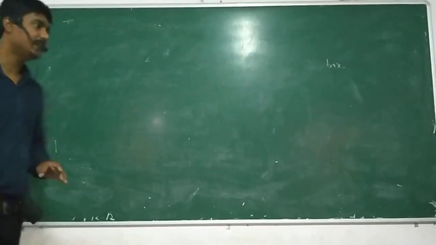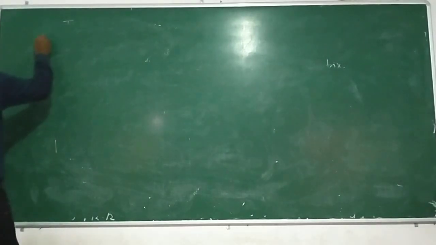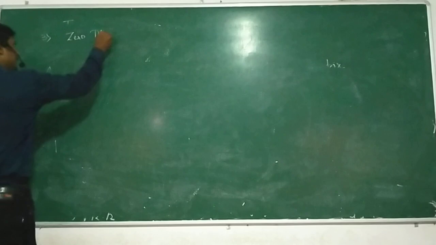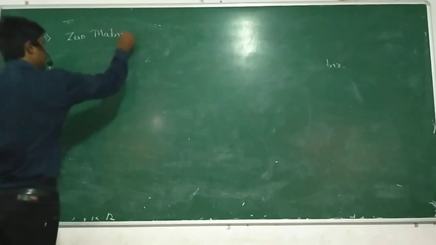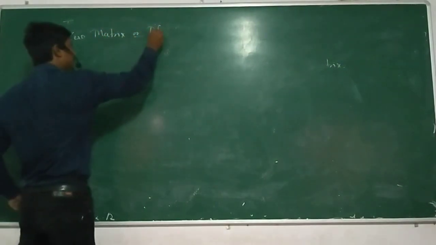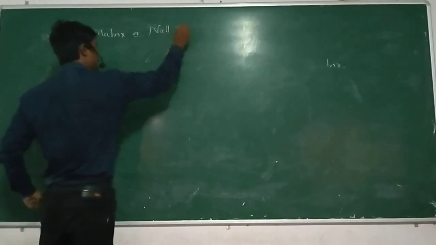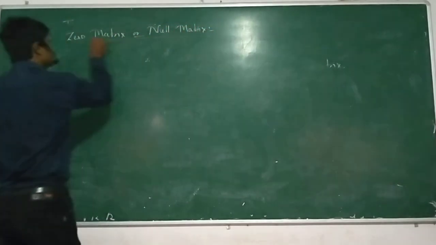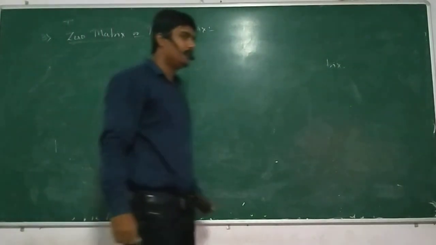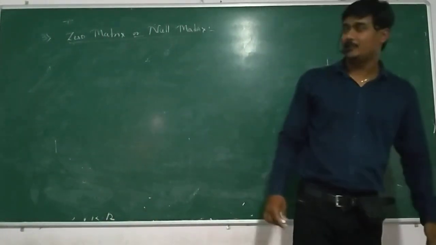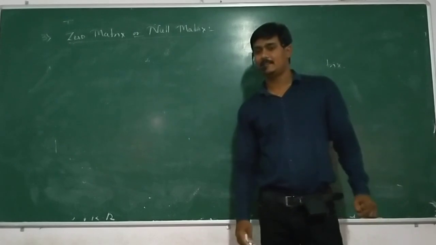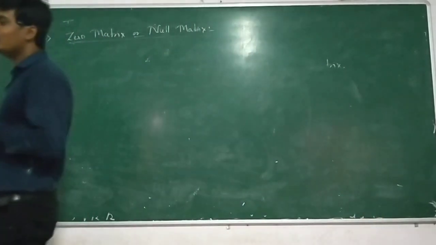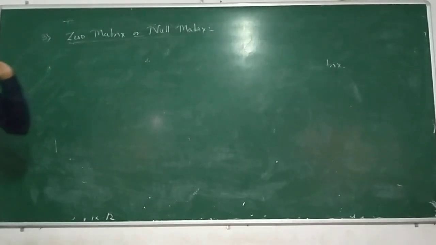So one more type I will cover and then I will wind up today's session. Zero matrix or null matrix. The name itself will suggest it. It means we are going to speak about a matrix whose entries are all 0.